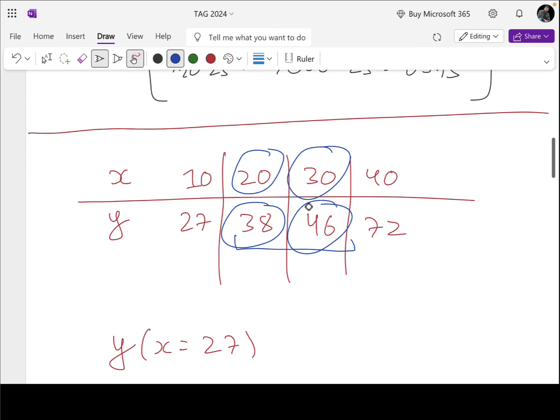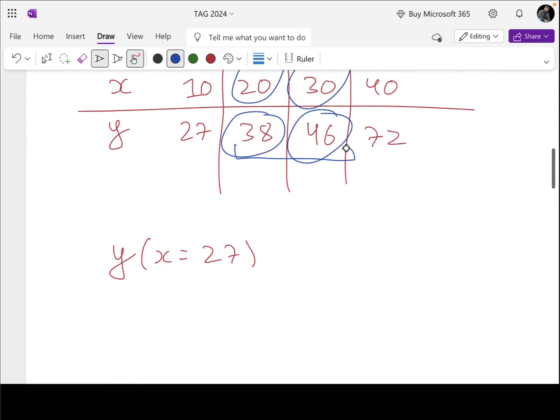So between 20 and 30, your y is increasing as x increases, right? So the value has to be between 38 and 46. So firstly, you decide on what bracket you want to linearly interpolate. Now here you want to interpolate between 20 and 30, and your answer will be between 38 and 46, right?